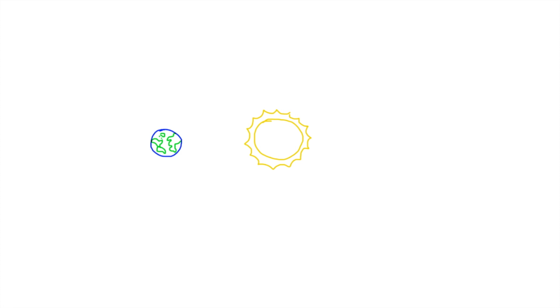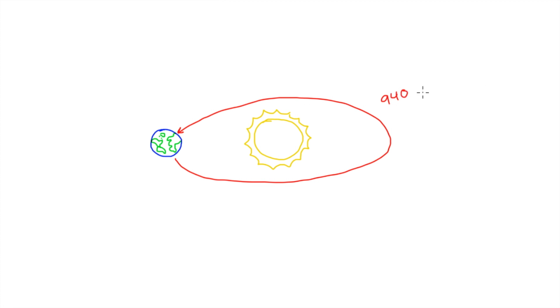Alright, so here's another interesting thing about the difference between distance and displacement. Let's take a look at the orbital path of the Earth around the Sun. I know this isn't to scale, but let's just take a look. So here we have the Earth, and it's traveling all the way around the Sun in a year, and the orbital path is actually 940 million kilometers.